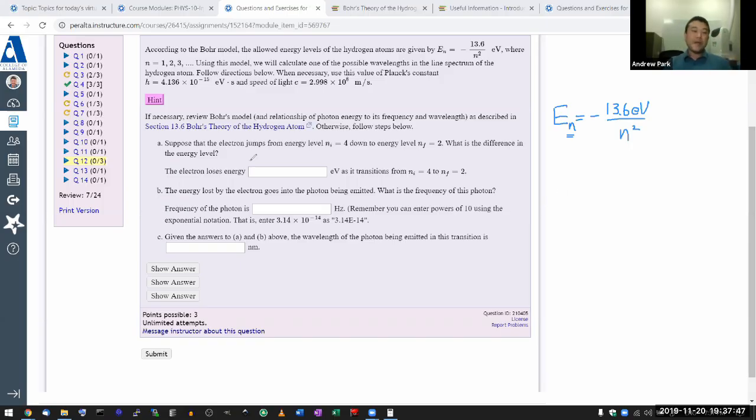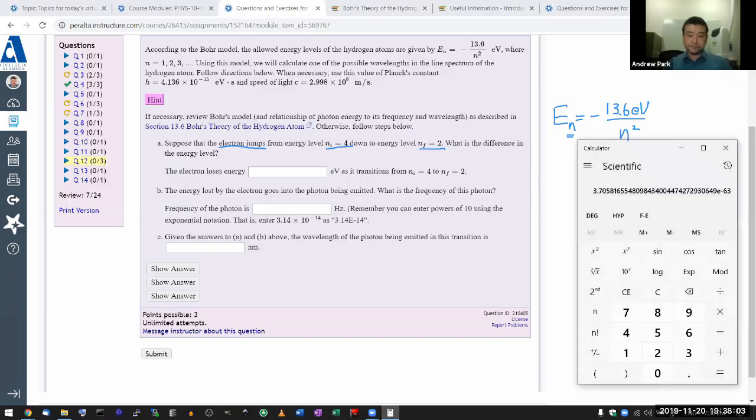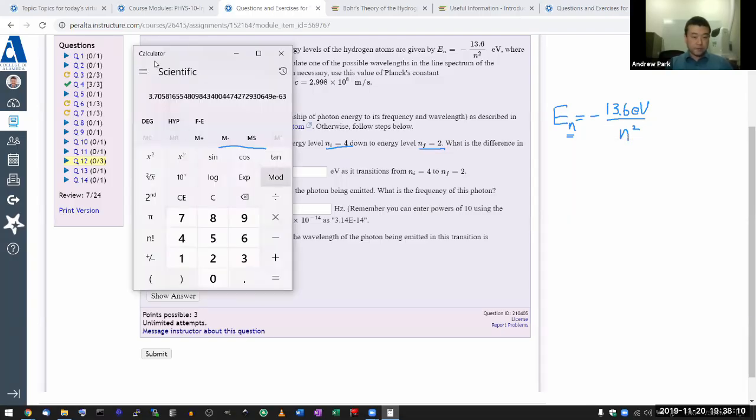So when it says that the electron jumps from one level down to another level, what you need to know are the values of those two energy levels. So let me just do that calculation on a calculator here. I can do that for the energy level n equals 4. Let me plug in the numbers. The minus sign, I'm just going to write down later.